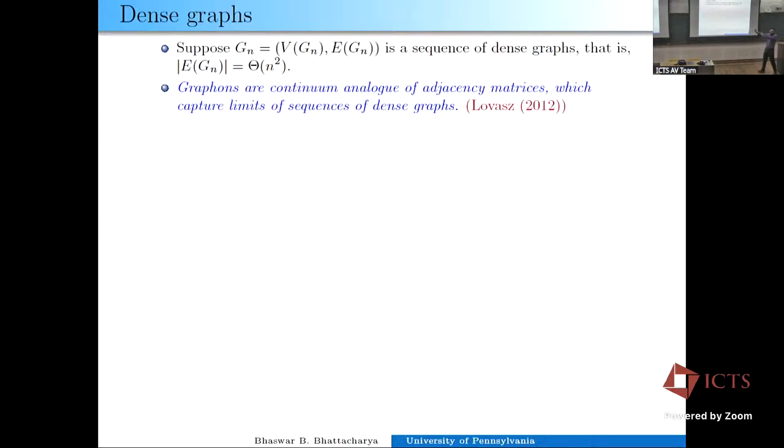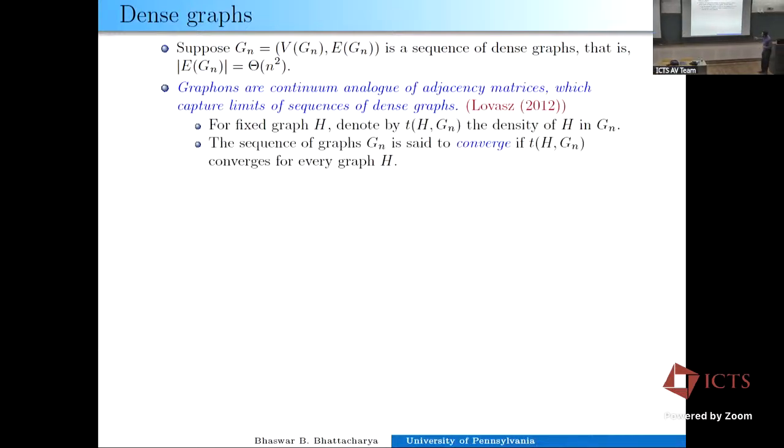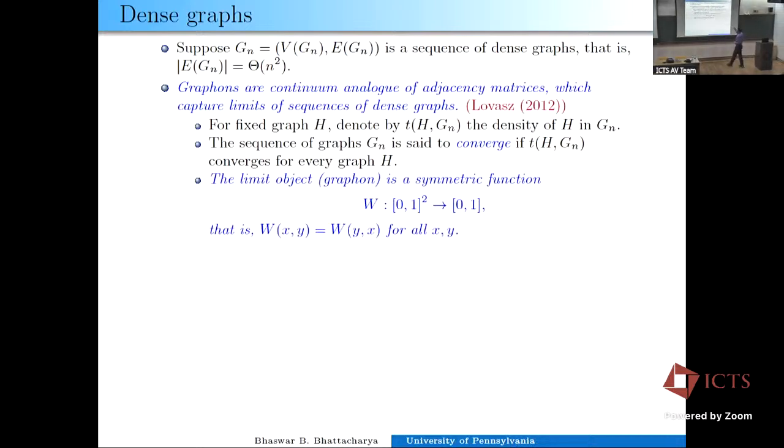And then you can write down a limiting graph in a certain sense. Lovász and others had this theory. It's not so important what a limit is, but you can possibly imagine that you have an adjacency matrix, which is a symmetric matrix. If you scale it down properly, the limit object will be a function on the unit square, which is symmetric.